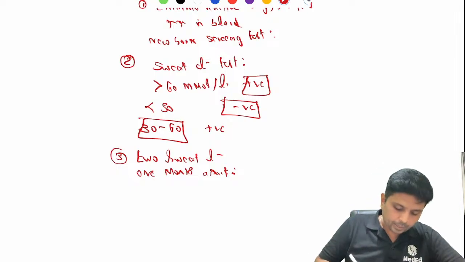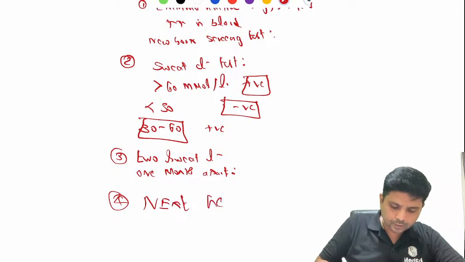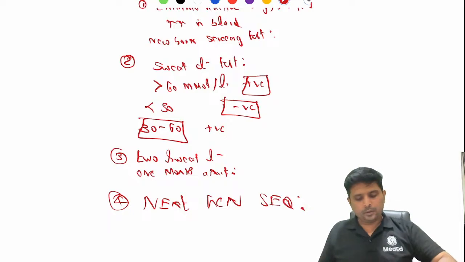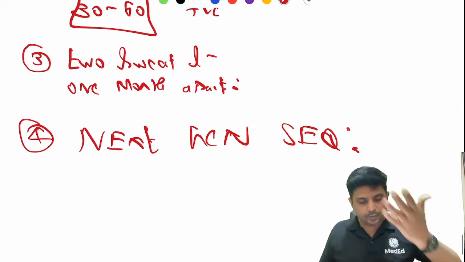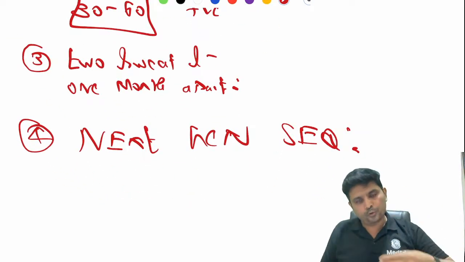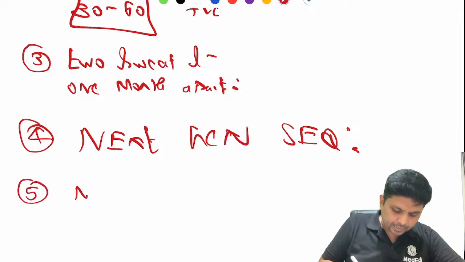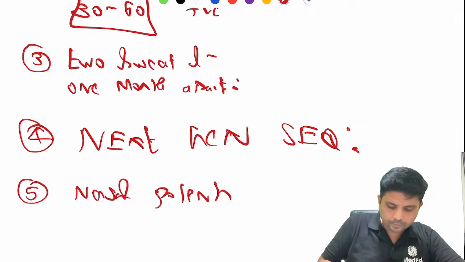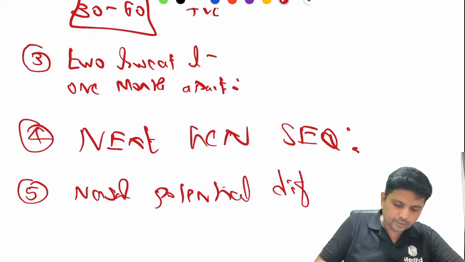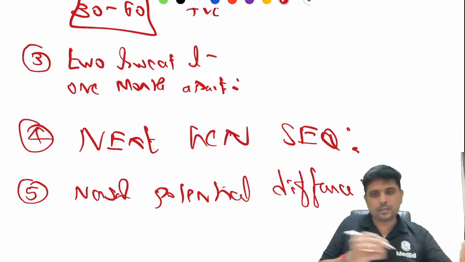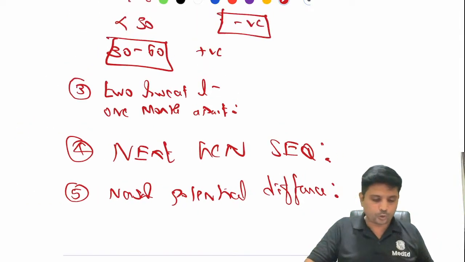Okay. And then right now we are relying on next generation sequencing, that is the genetic test, whether it is homozygous or heterozygous. And very rarely in some centers, nasal potential difference, they will see because of the absorption of the chloride.